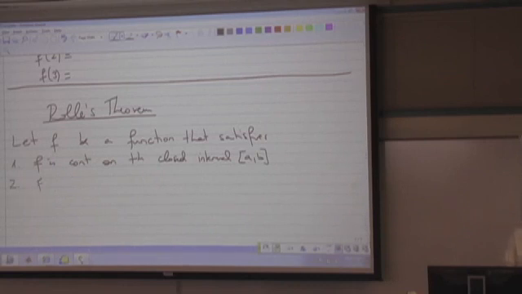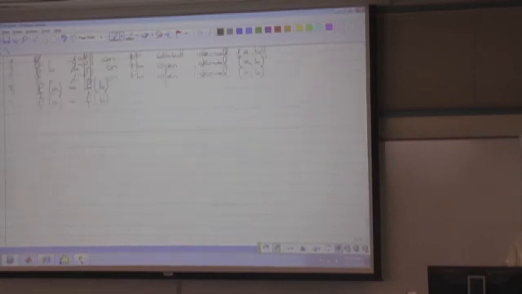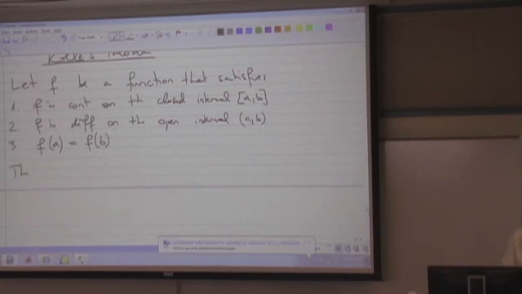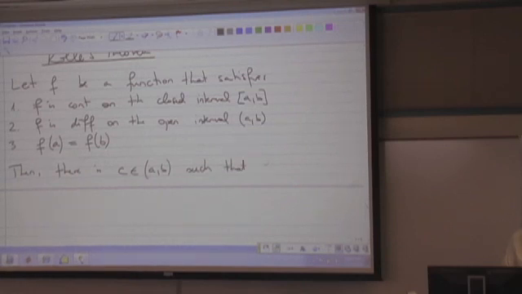Part 2, f is differentiable on the open interval AB. And part 3, f of A is equal to f of B. Then there is a number C in the open interval AB such that f prime of C is equal to 0.